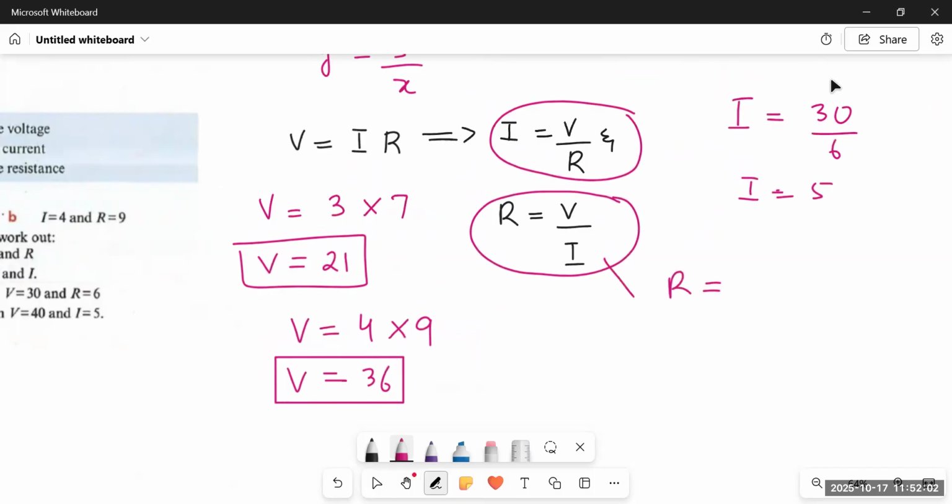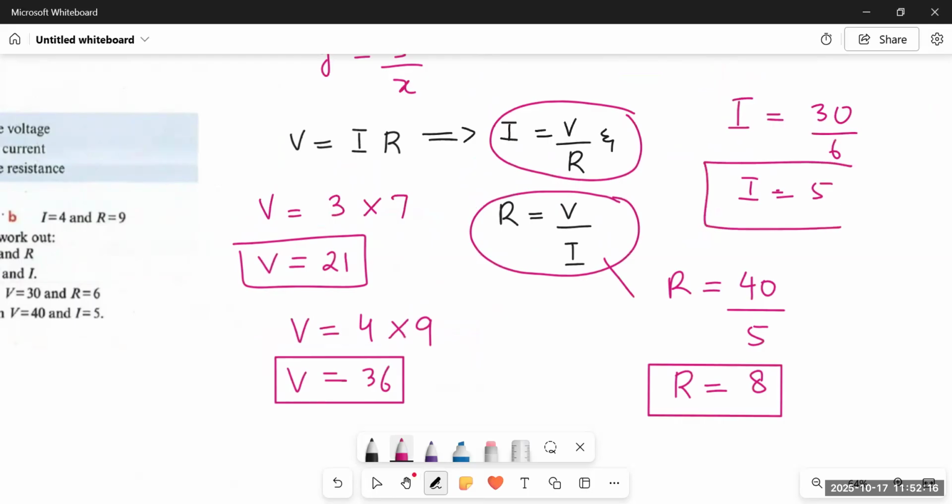R is equal to V, that is 40, upon I, that is current. So it would be 8. This is how we have to solve these questions. That's all. Okay.